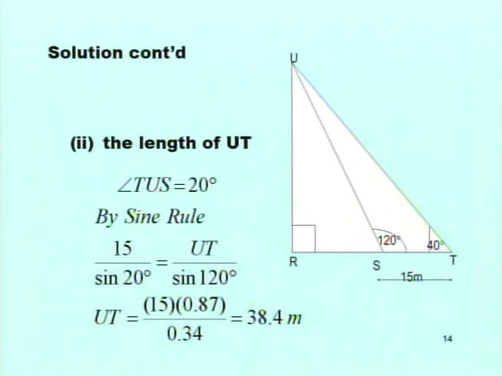Cross multiplying and making UT the subject of the formula, we will have UT is equal to 15 times 0.87 divided by 0.34. This will give us UT equal to 38.4 meters.